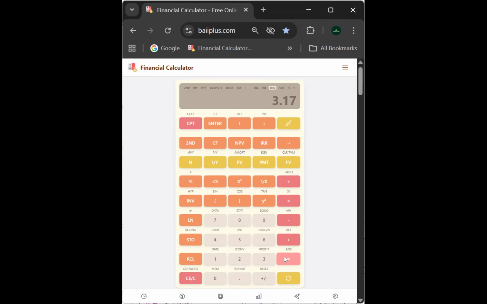Now I need to divide 100 by 1.06 to the power 1, 2, 3, 4, and 1.06 to the power 5 for the fifth year. This gives me a value of 74.73, and I divided 100.